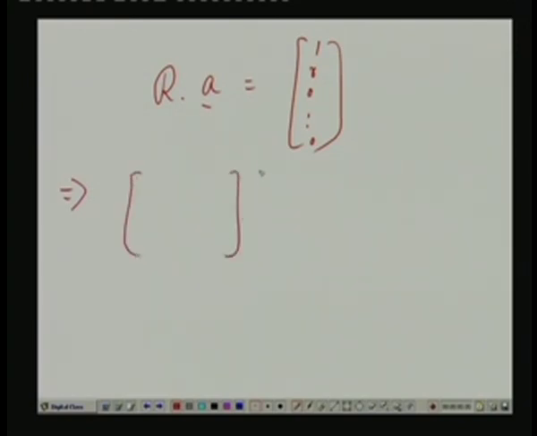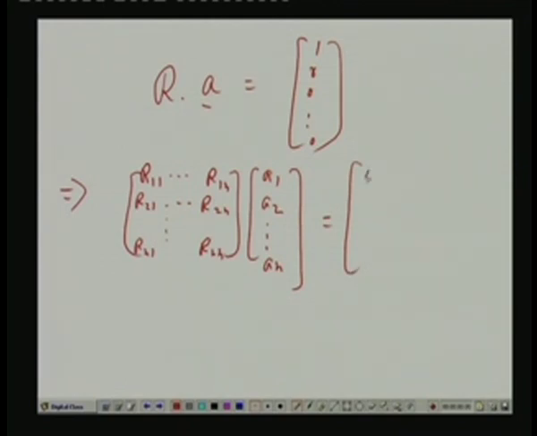Now, suppose we solve an equation like this, R A equal to 1 0 and so on.